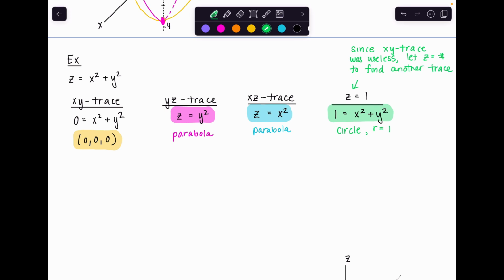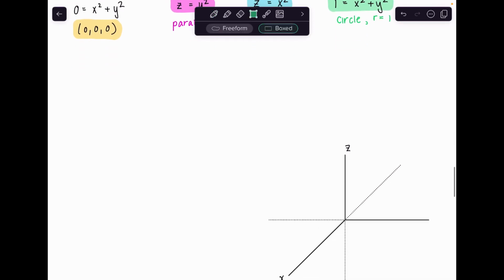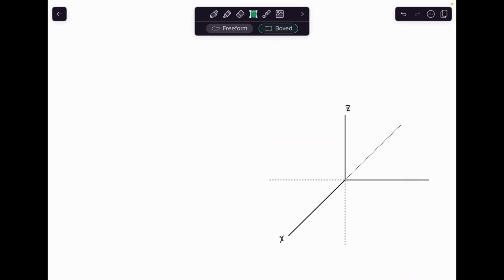You're also going to see that, although we harped on you way long ago about making sure that you labeled all of your axes with numbers really nicely, that is not as important here as opposed to the overall shape.